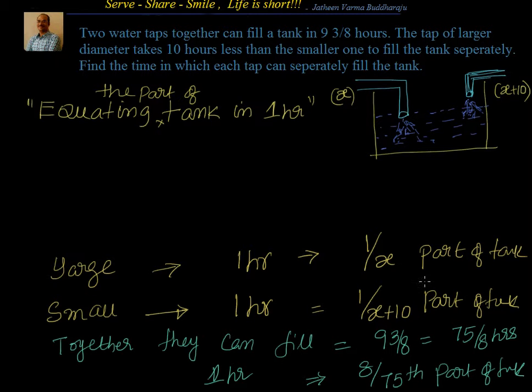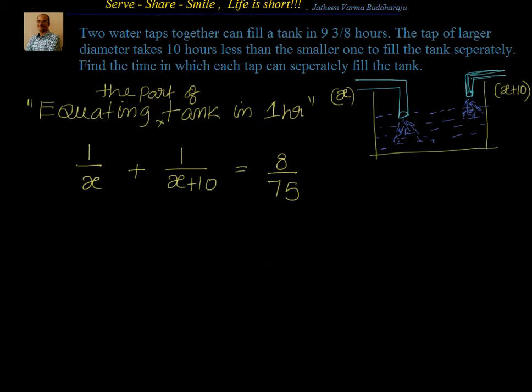We will have the large one is 1 by x, the small one is 1 by x plus 10. So together in 1 hour they can fill the tank by 1 by x plus 1 by x plus 10. But this is nothing but equal to 8 by 75 as given to us. So this is the quadratic equation we have. We have to solve it using the quadratic formula, and we have to find out the time taken by both the taps to fill the tank.